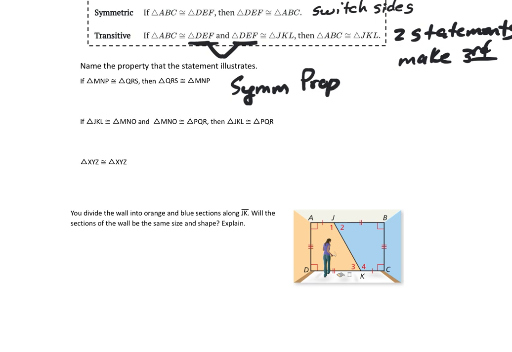It's saying the exact same thing, right? Just saying it in a different order. JKL is congruent to MNO. MNO is congruent to PQR. Therefore, JKL is congruent to PQR. Two statements combine to make a third, different statement.